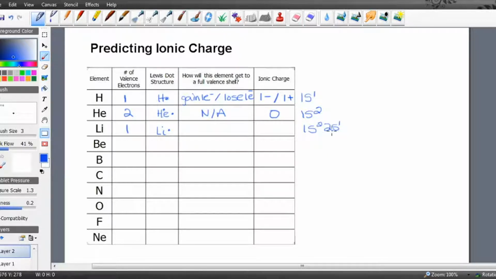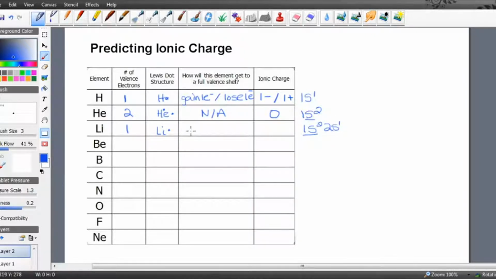Lose this 2s1 valence electron to become a full 1s2, like helium, to become like a noble gas? Or will it gain 7 more electrons to fill up the second energy level to get to a full 2s2, 2p6? It's a lot easier to lose just 1.